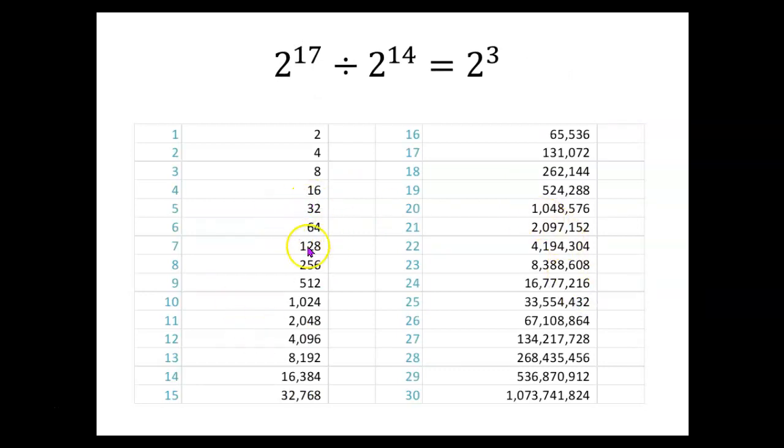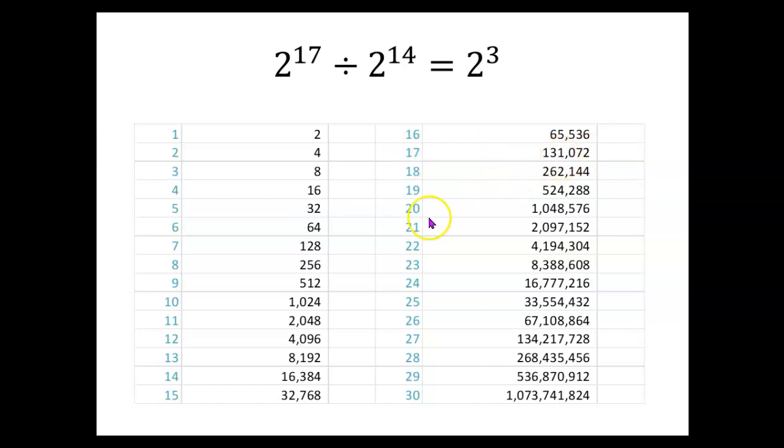And on those lists of numbers that we were playing around with the other day, we saw how you can take two numbers on the list and divide them, and that's like subtracting their logarithms. Like the number that is the 17th number on the list, so the base 2 logarithm of that number is 17.